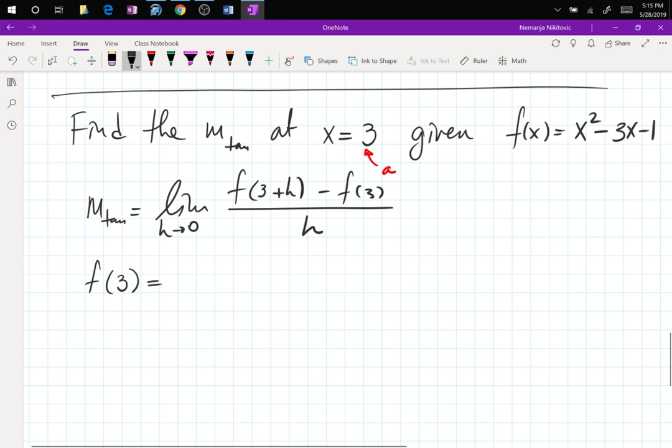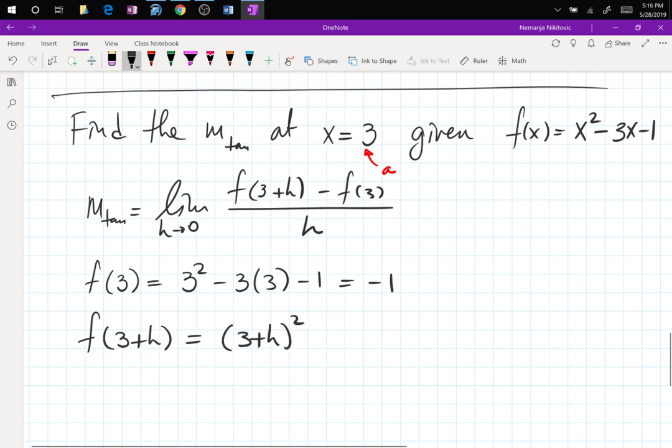So how much is f of 3? It's going to be 3 squared minus 3 times 3 minus 1, all together negative 1. And how much is f of 3 plus h? It's going to be 3 plus h squared minus 3 times 3 plus h, minus 1.